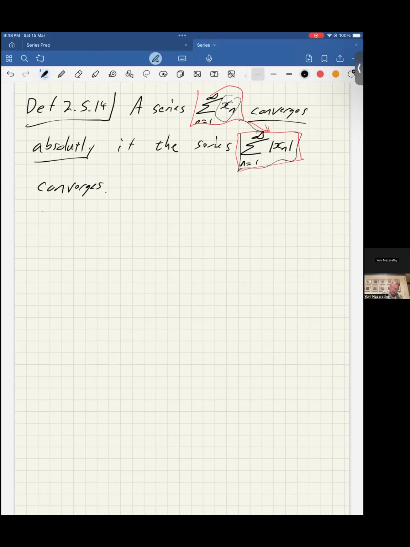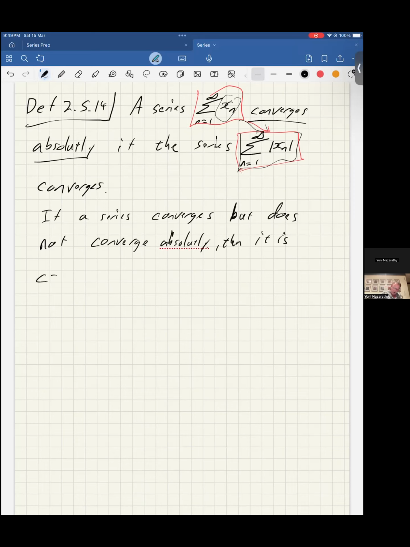Now we also say, in the same definition, that if a series converges but does not converge absolutely, then it is conditionally convergent.